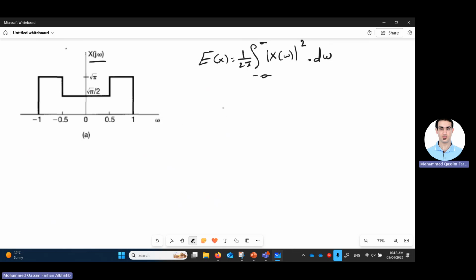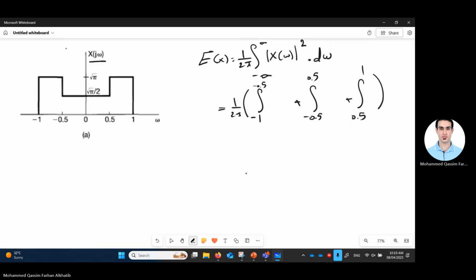All right, then that will equal 1 over 2 pi, taking it as a common factor, and I will have the integration from -1 to -0.5 plus the integration from -0.5 to 0.5 plus the integration from 0.5 to 1.